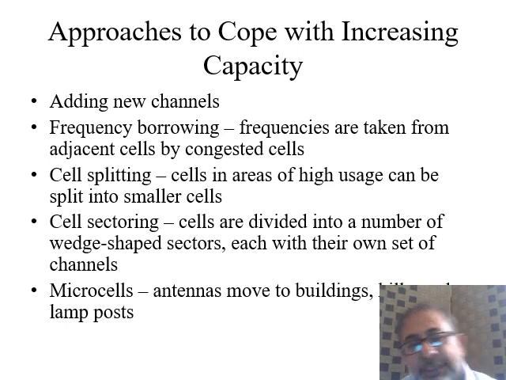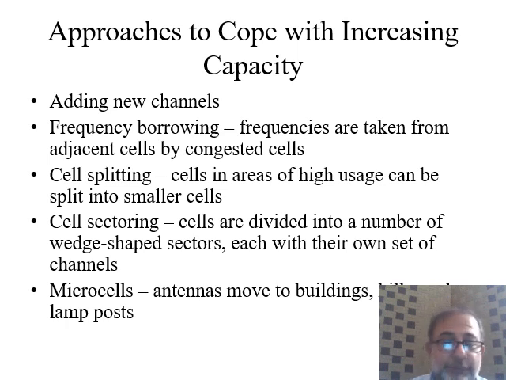We can also split the cells, and the areas of high usage can be split into smaller cells. Then we can use different sectors separately, so we get wedge-shaped sectors, each with its own set of frequencies. That design can also be done.